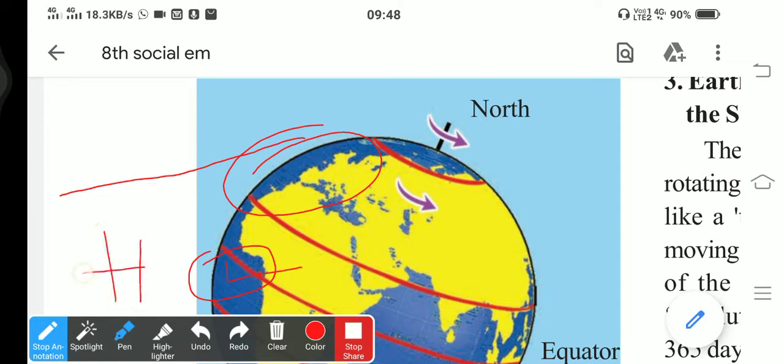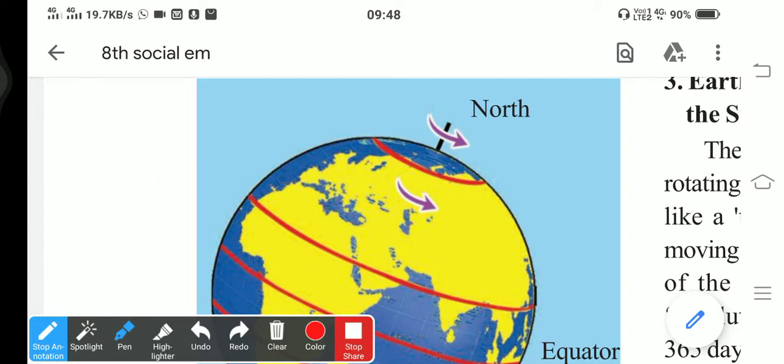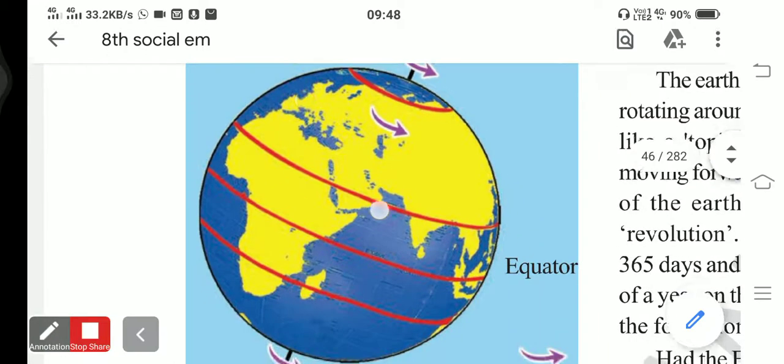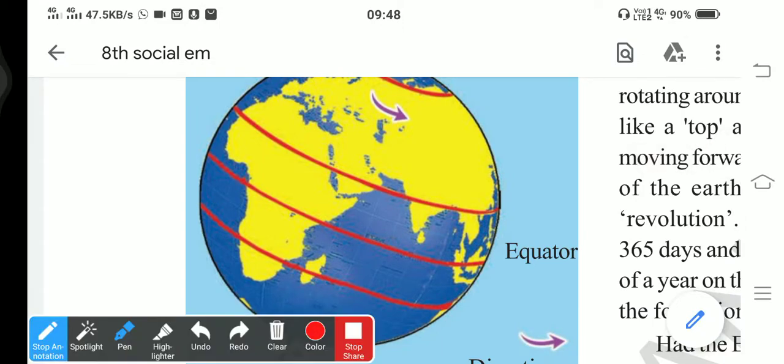than the insolation received above the Tropic of Cancer, which is low. Understand? So where insolation is low, the temperature is low, whereas at the equator the insolation is high, so the temperature is also high.